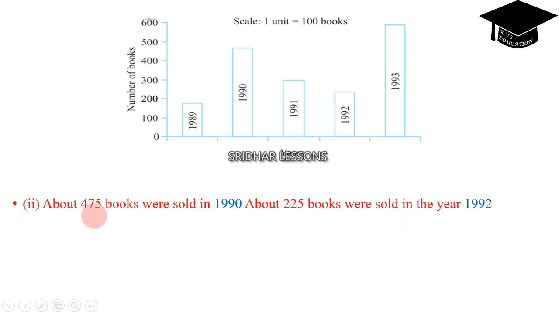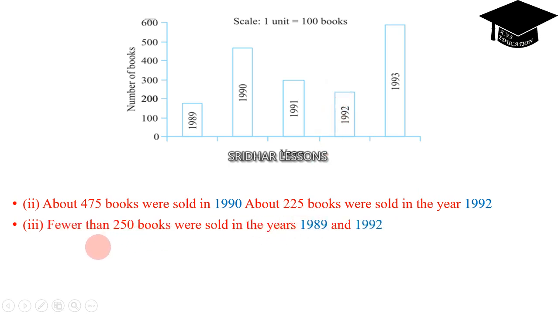And question number 2, about 475 books were sold in 1990, and about 225 books were sold in 1992. For question number 3, fewer than 250 books were sold in the years 1989 and 1992.